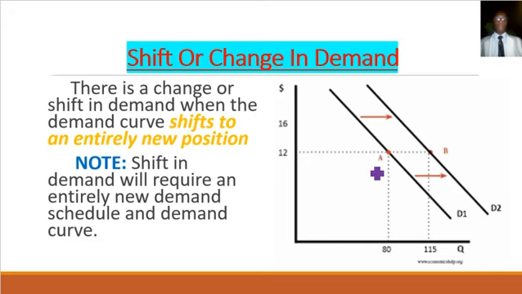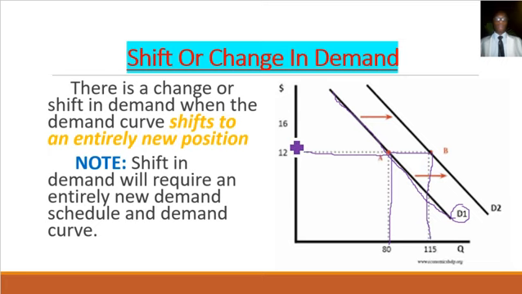Now, let's look at this. This is an example of change or shift in demand. Do you observe that at $12, you demand 80 units of this commodity? With that, you are going to have your demand curve, and that's why you have your D1 here. As you can see, it is D1. Now, at that same price of $12, you increase the quantity demanded to 115 units.